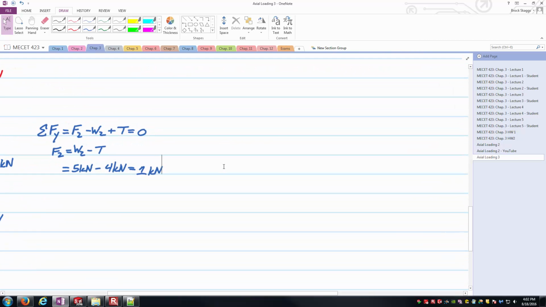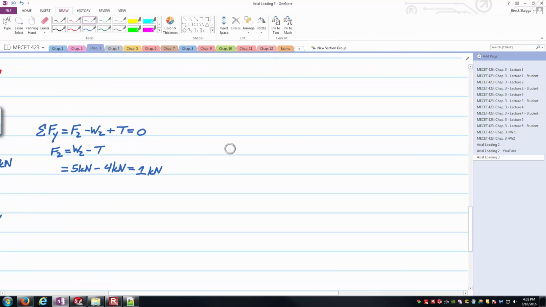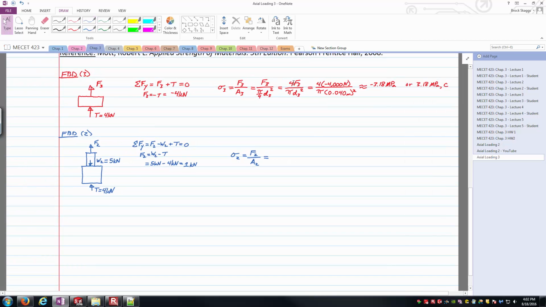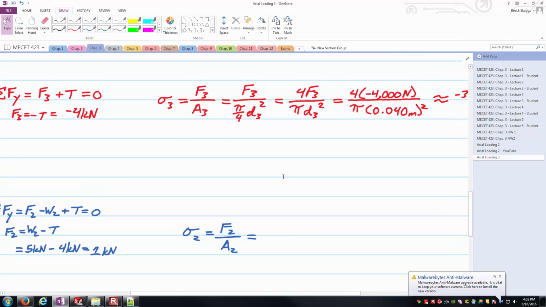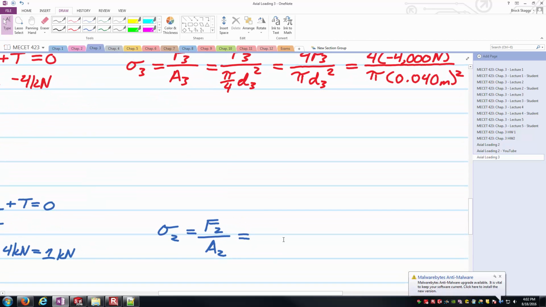And so here I'll just come over and say, well, sigma 2 is equal to the force in section 2 divided by the area of section 2. I'm basically doing the exact same algebra up to this point, so I'm just going to shorten what I have to write and say that's going to end up equaling 4F2 all over pi times d2 squared.